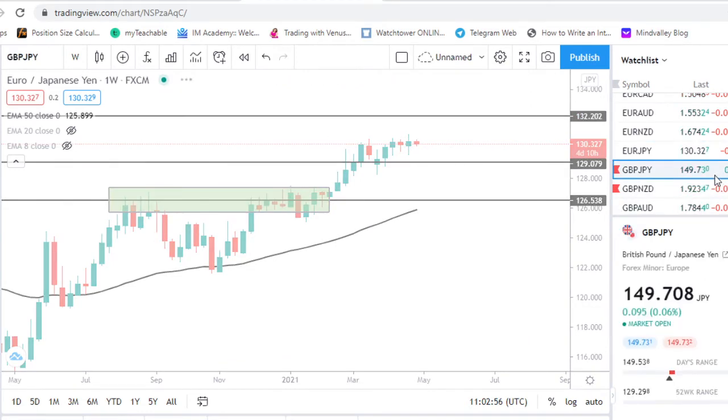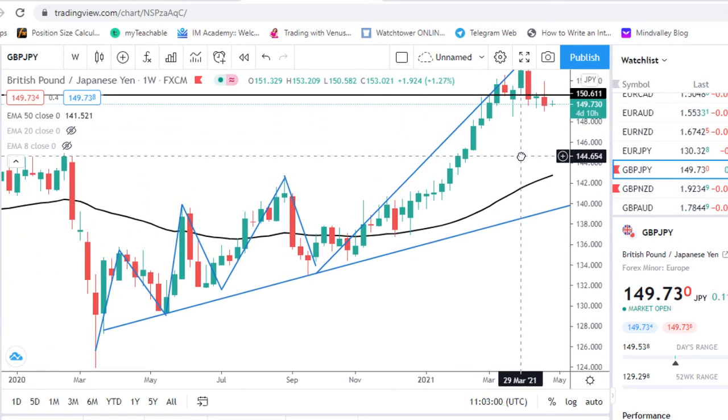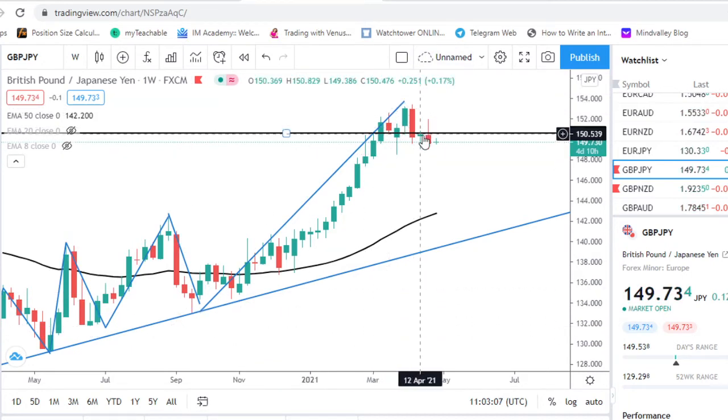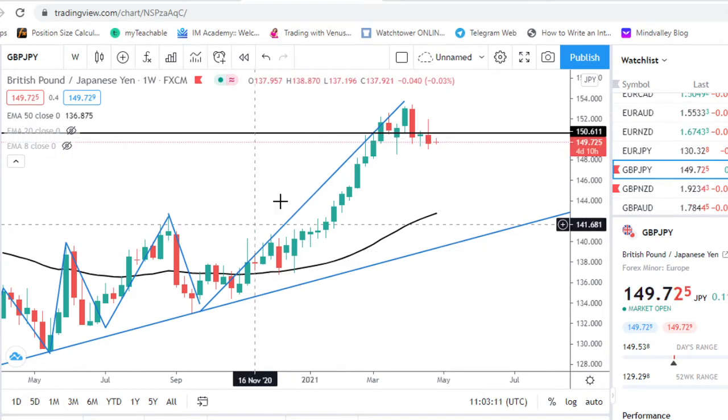Then we have GBP JPY, and looking at that, we can see that the main trend is up, and then this has been consolidating. It may push down a little more this week, but the major trend is up.